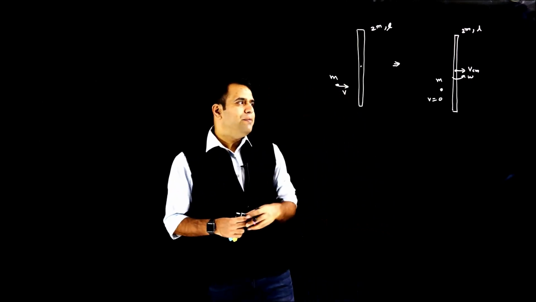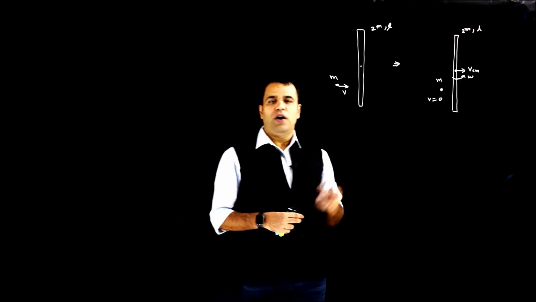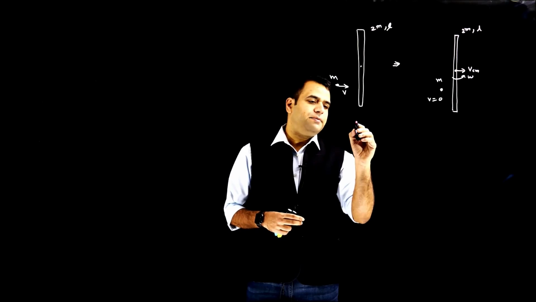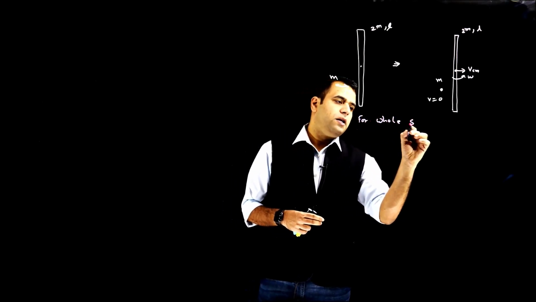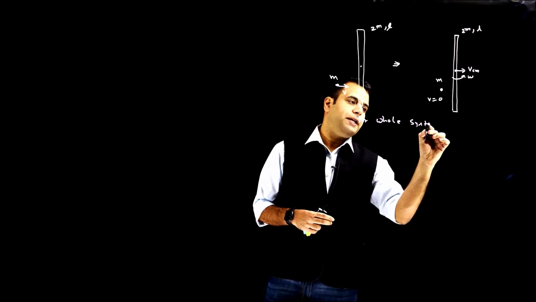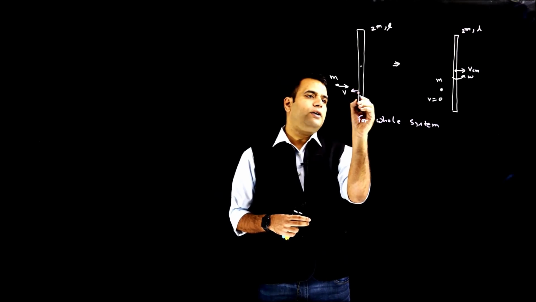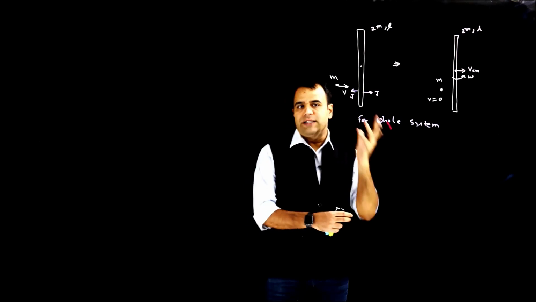So now you can see there is no hinge there. Since there is no hinge, we can go for conservation of linear momentum. So for the whole system, and when I say whole system, I mean the point mass as well as this rod. During collision, there is no hinge, so there is no hinge reaction.